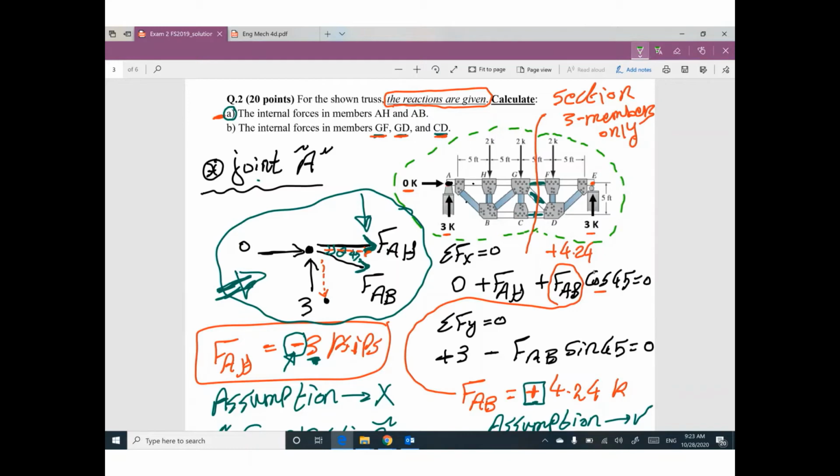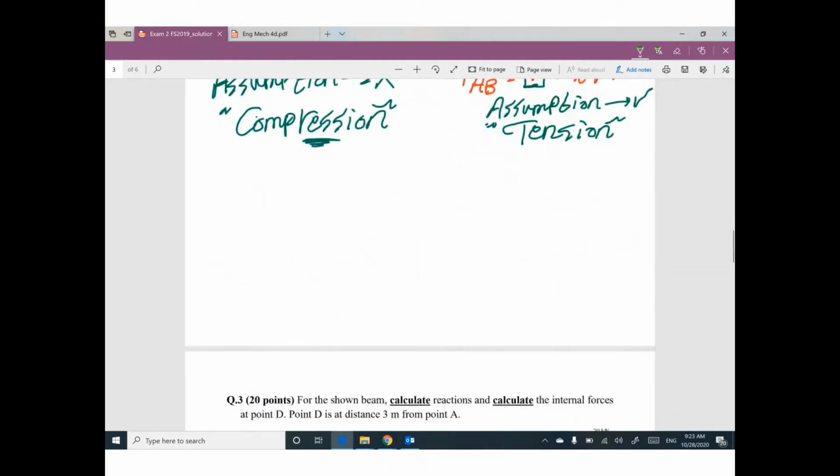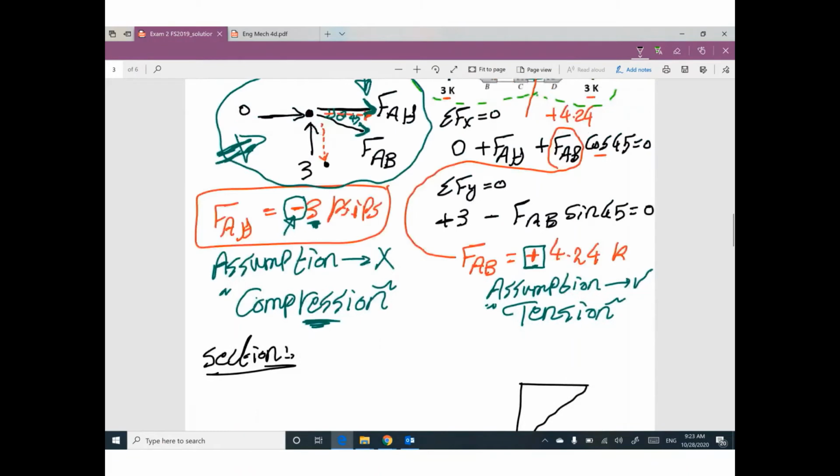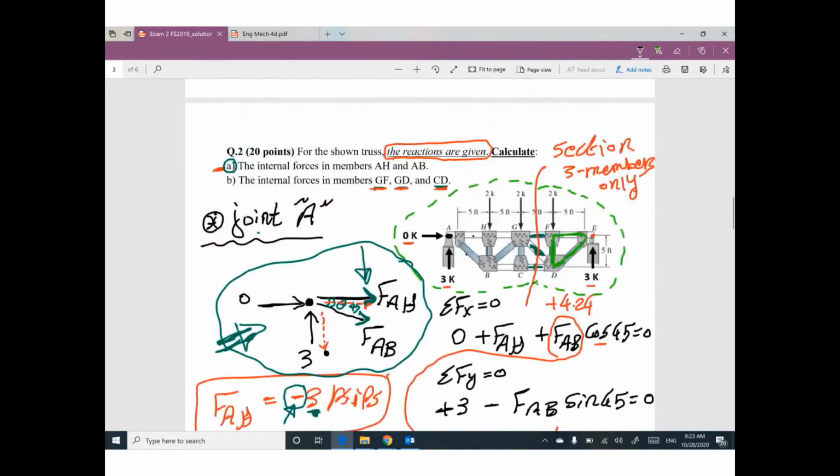Guys, when I did this cut, I didn't cut in this member, I didn't cut here, I didn't cut here, so this triangle will be the same. So right now, I'm talking about the section. I have this triangle. I have vertical reaction 3 kip here.